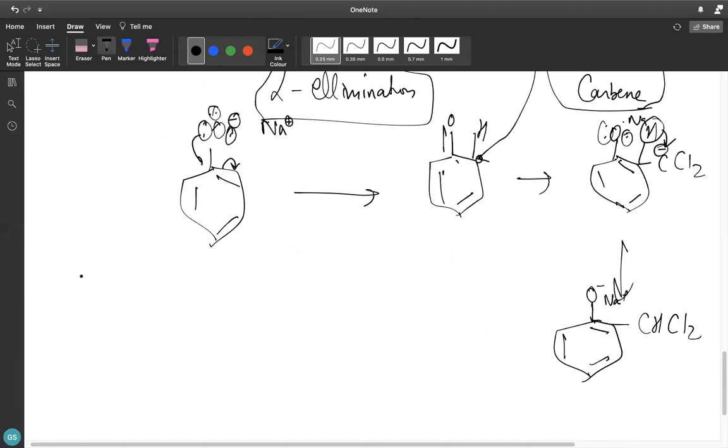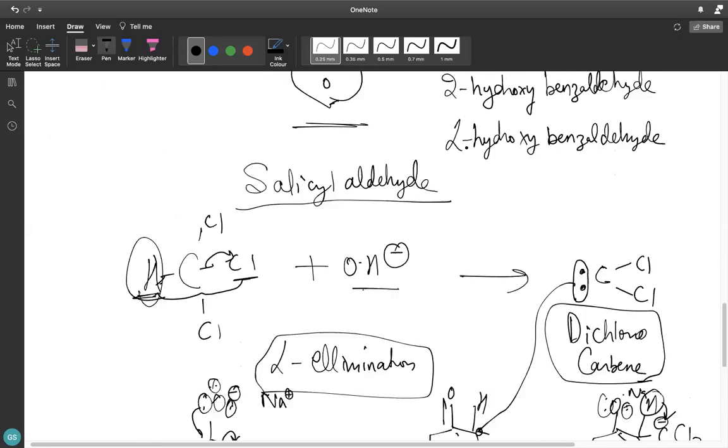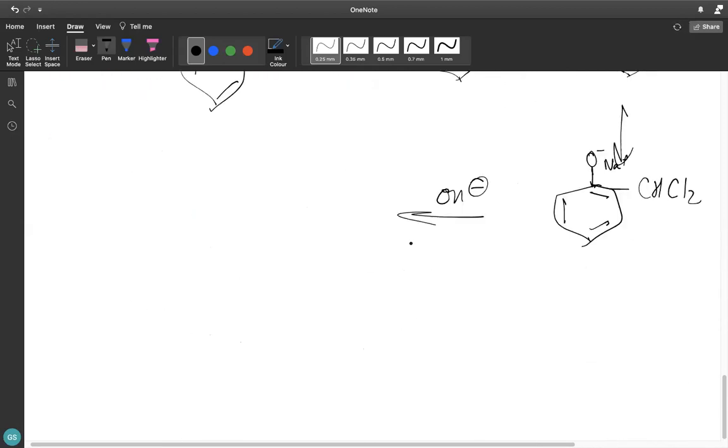Now with this CHCl2, OH minus is already available in the reaction. So now what you can start with, like NaOH is there. So you can place 3 NaOH just to think in clearer terms. So 2 OH are furthermore available.